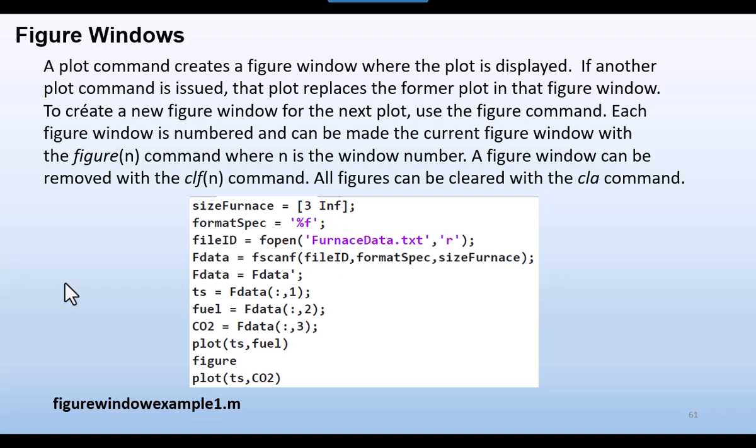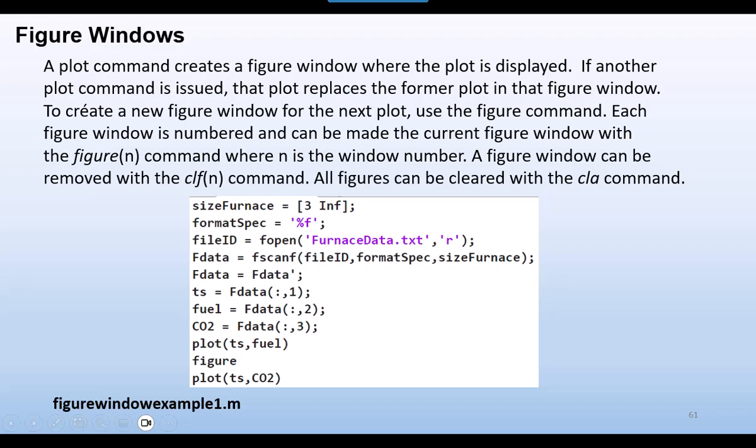So if you want to create and retain subsequent plots in separate windows, you can use the figure command where you say figure and then you put like 1 in parentheses. That creates a window for the first plot, and figure 2 creates one for the second plot, all right? And so you can do it that way, and then you can actually remove a figure window with the CLF command and all figures with the CLA command. A little bit of details for you there.